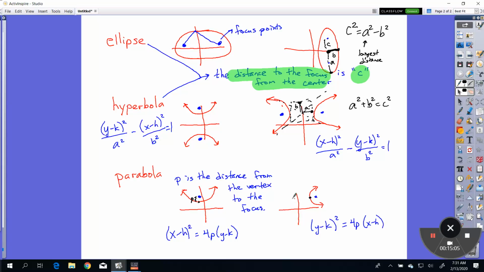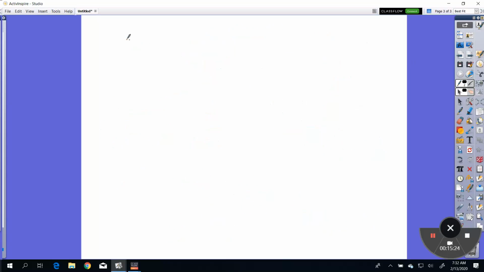Okay. So now let's try drawing one of each of them. x minus 3 squared over 9 minus y plus 2 squared over 16 equals 1.